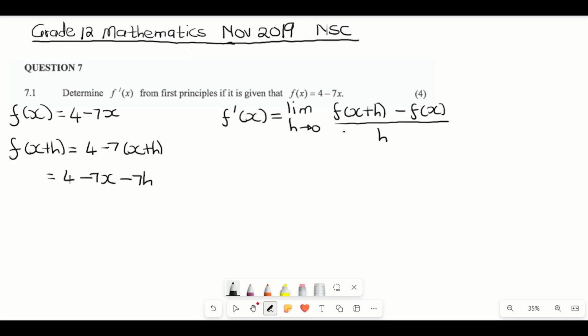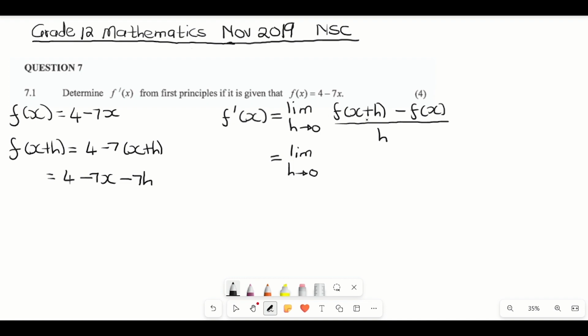So now we can use the first principles formula. It's equal to lim h approaches 0. Remember to keep writing lim as h approaches 0 until you've made your h to be 0.